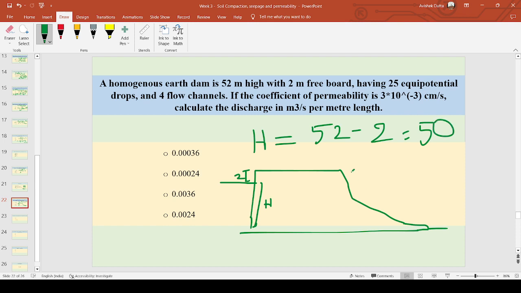Again the same formula, Q equals K H NF by ND. Here NF, number of flow channels, is 4, and ND, number of equipotential drops, is 25. Put the values over here.